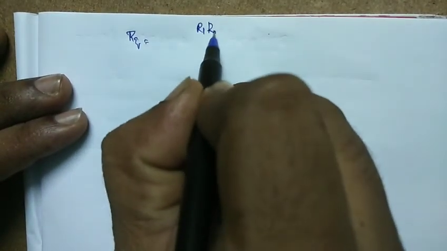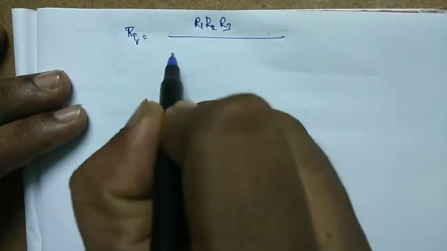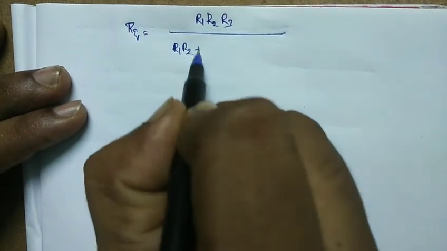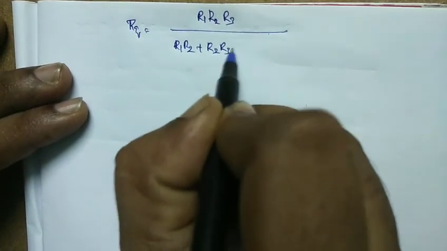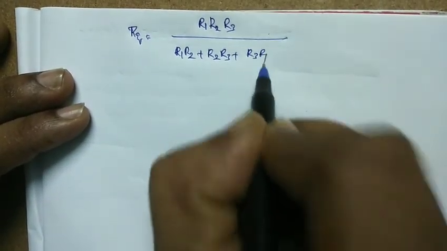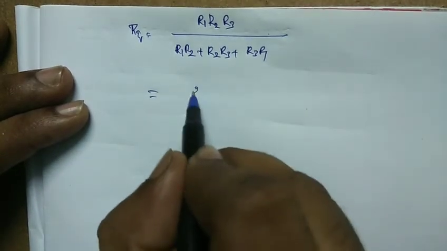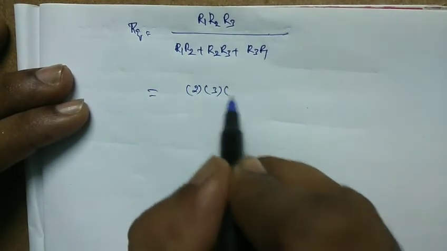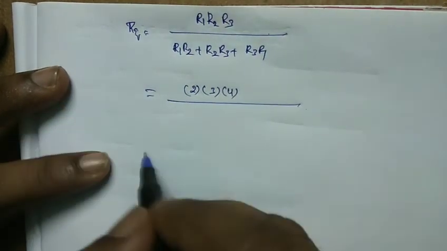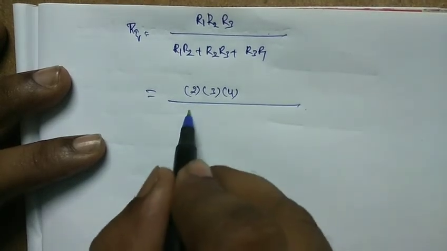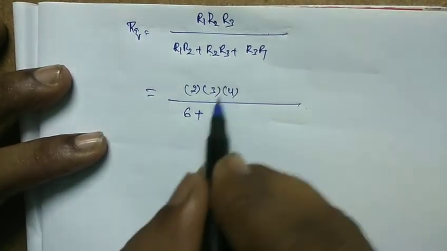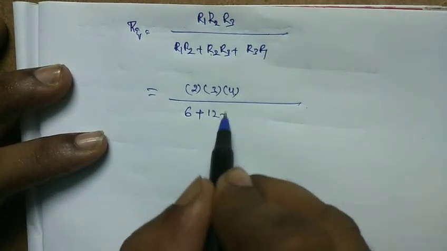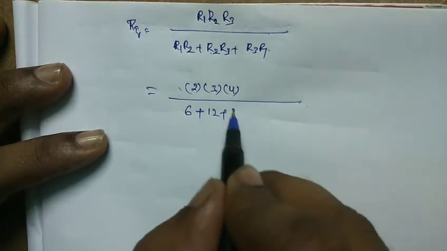So we get the value R1 R2 R3 by R1 R2 plus R2 R3 plus R3 R1. R1 is 2 ohms, 3 ohms, 4 ohms, divided by R1 R2, 2 3s are 6, R2 R3, 3 4s are 12, and R3 R1, 4 2s are 8.